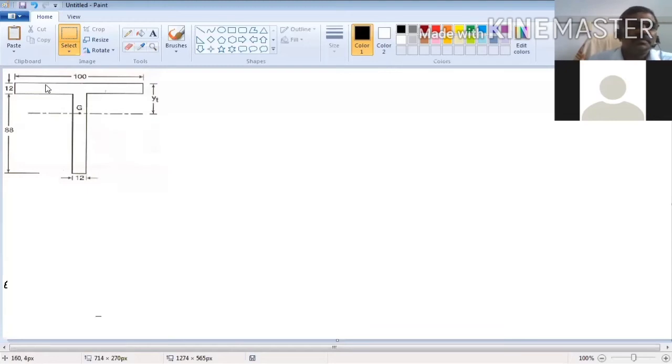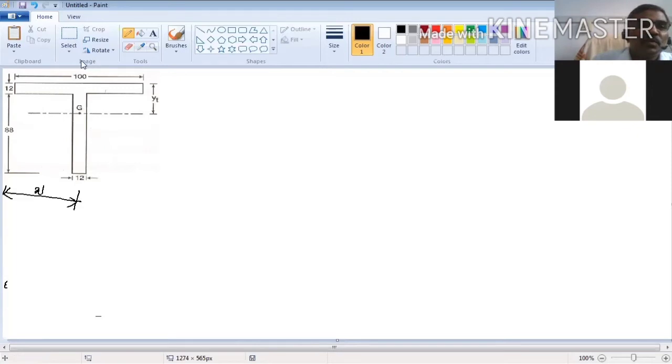So in this problem, what does x bar mean? It is the distance from here to the center of gravity. x bar is known, because about the y axis it is symmetrical.